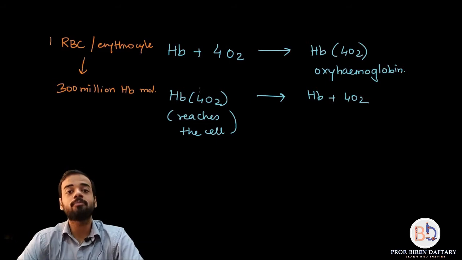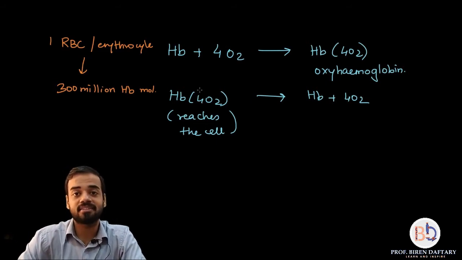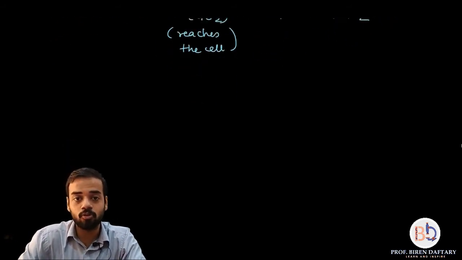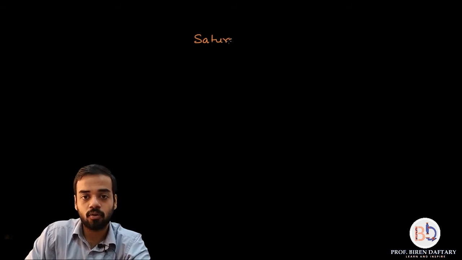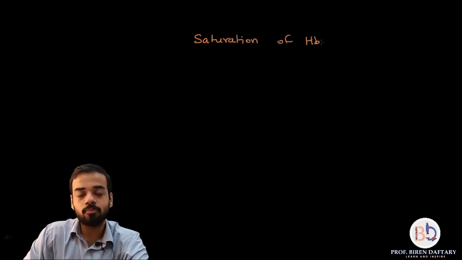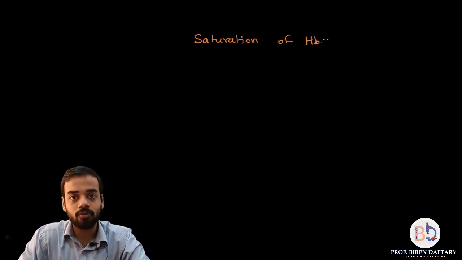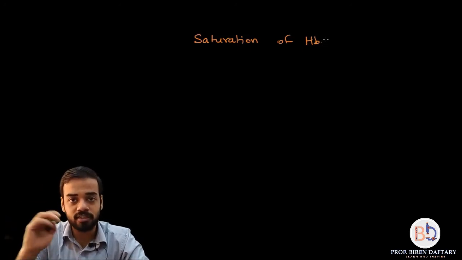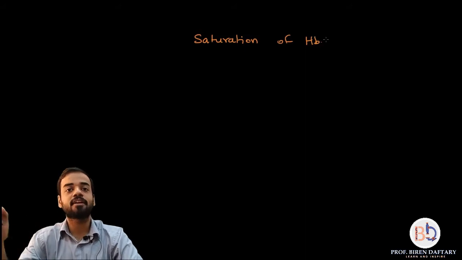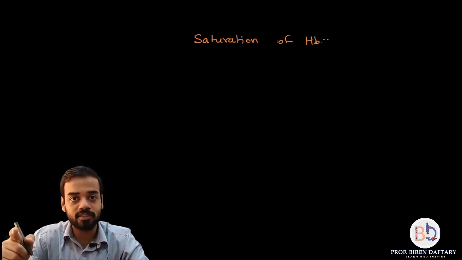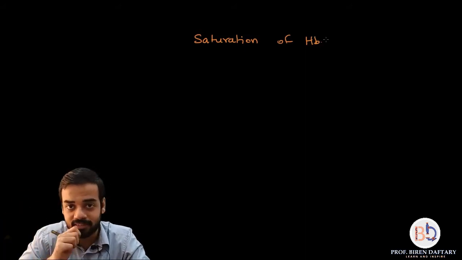Now we come to a part called saturation of hemoglobin. What do you mean by saturation of hemoglobin? A fully saturated hemoglobin, as I have already told you, will have 4 molecules of oxygen attached to it. If there are less than 4 molecules of oxygen attached to the hemoglobin, then it will be unsaturated.